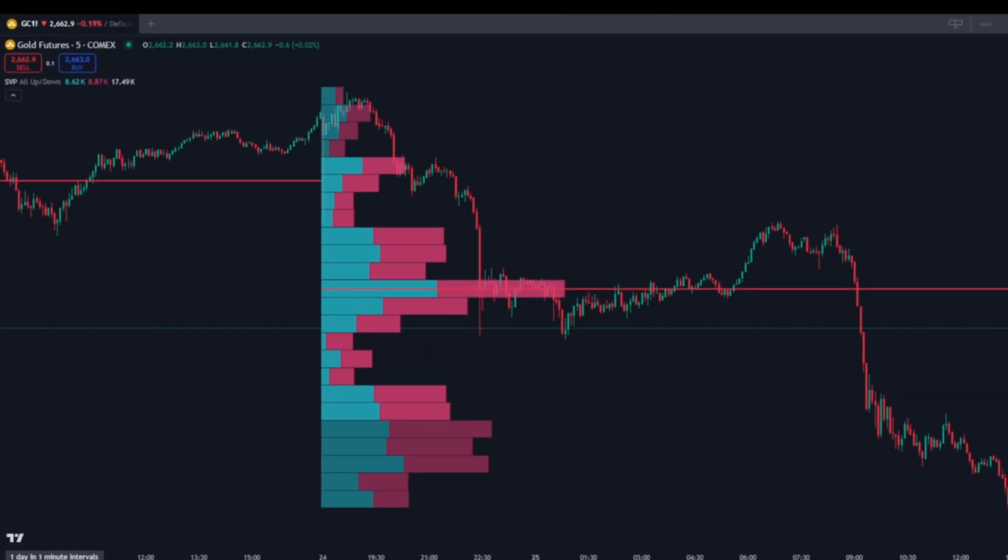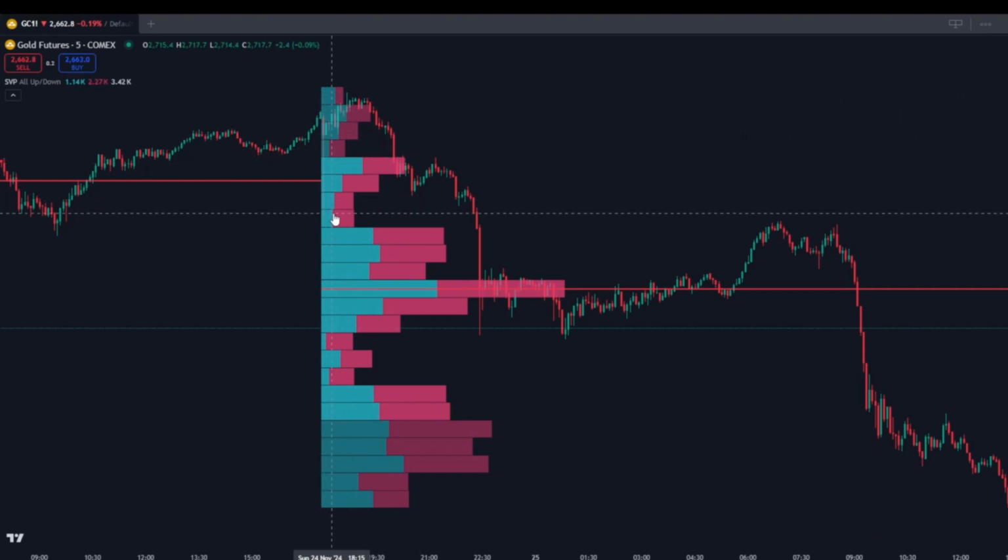Basically, the session volume profile is a collection of a total session. This is the opening of gold futures on a Sunday until the following Monday at market close at 5 p.m. What this is showing you is the amount traded, the volume.